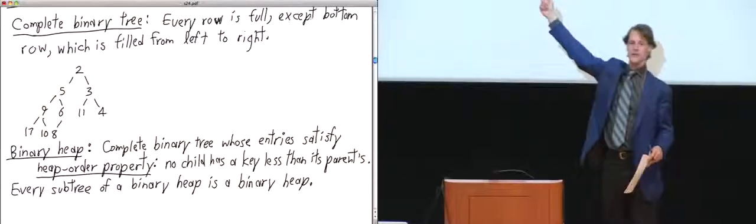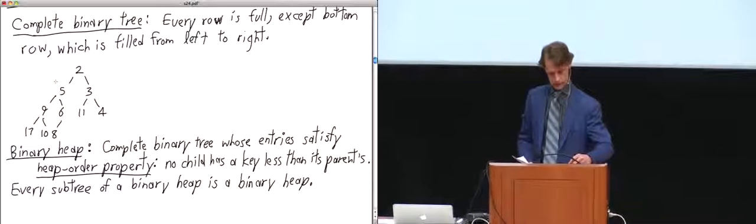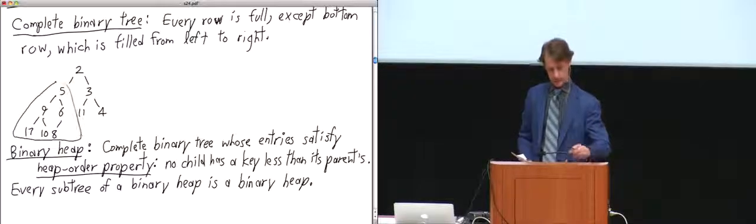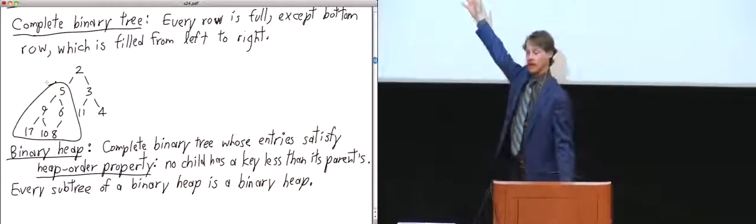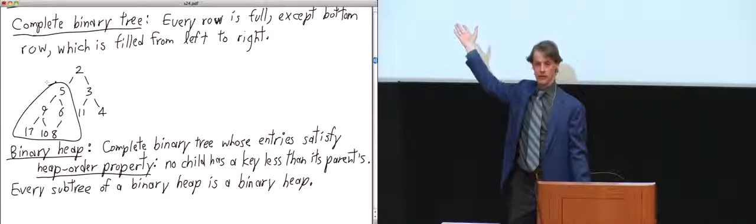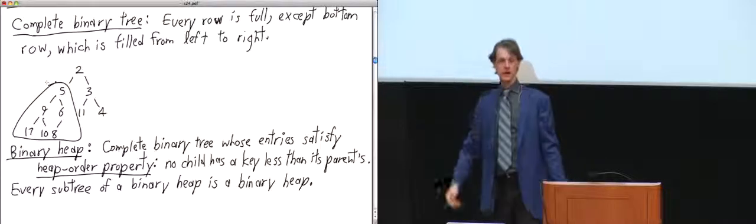So for instance, if you look at the subtree rooted at 5, that's a binary heap too, because any subtree of a complete binary tree is a complete binary tree, and it still satisfies the heap order property.